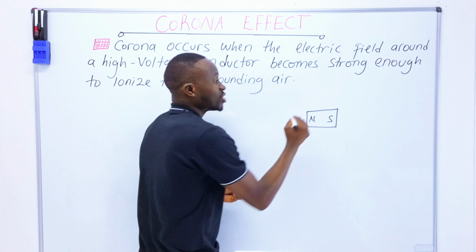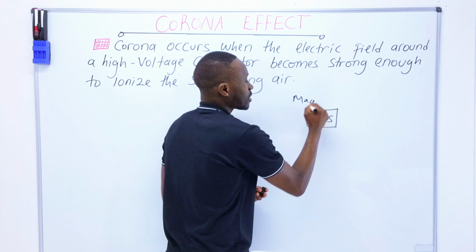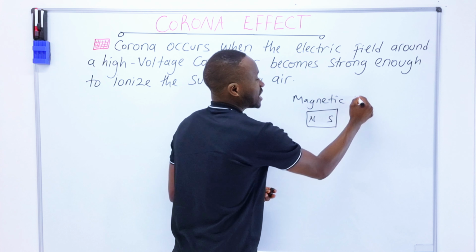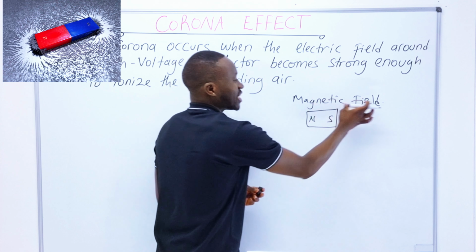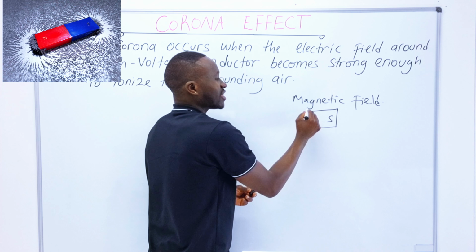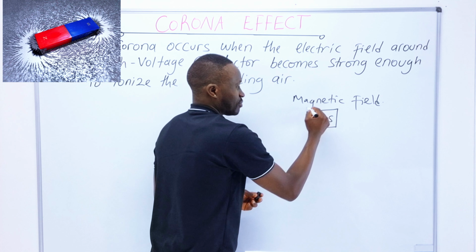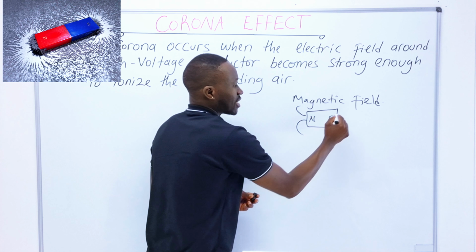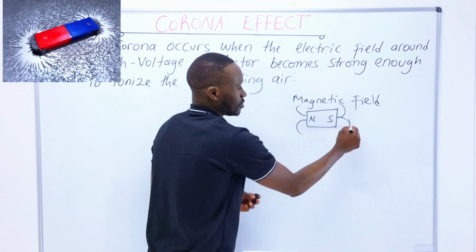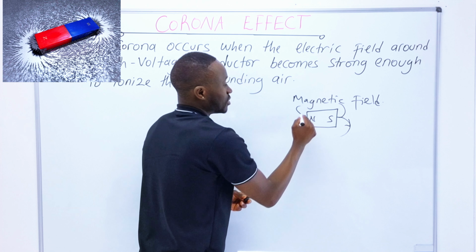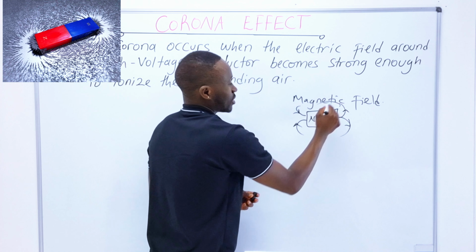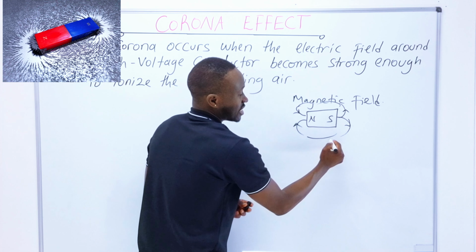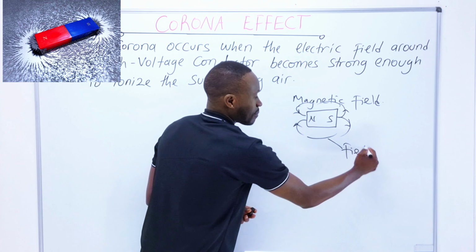Now, there is what we call magnetic field. This is the magnet, and it has a field. Fields are something surrounding it. These are what we call the field.